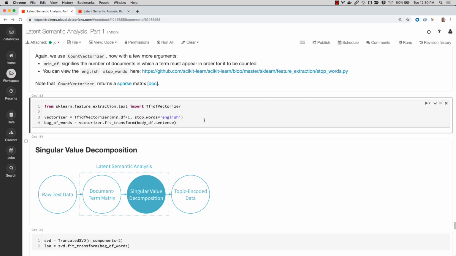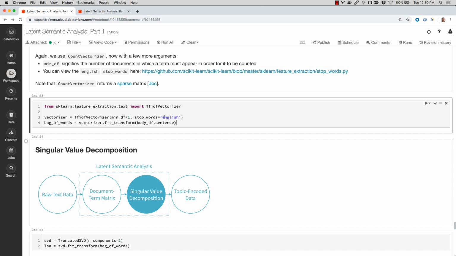Here we will look at using a TFIDF to generate the document term matrix and how it affects the latent semantic analysis. This time when we generate the document term matrix, we'll use the TFIDF vectorizer rather than the count vectorizer. The TFIDF vectorizer comes from the same module in Scikit-Learn, the sklearn.feature_extraction.text module.